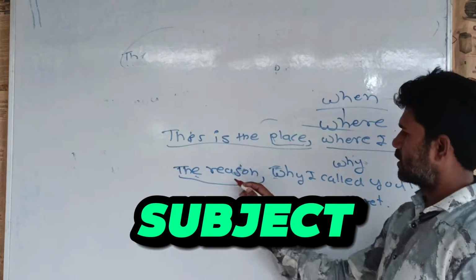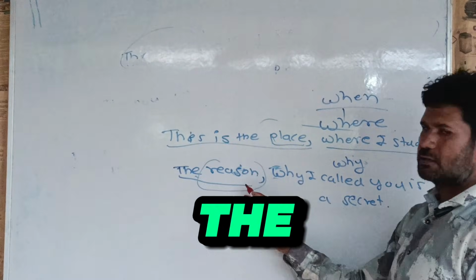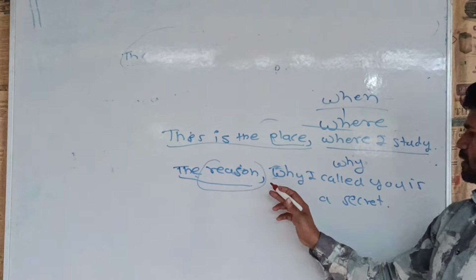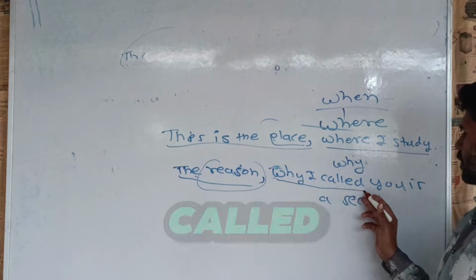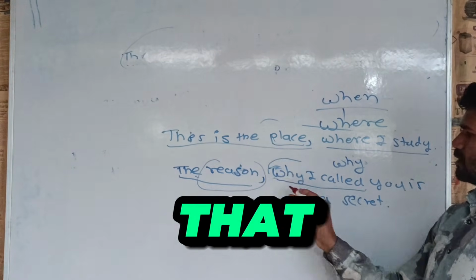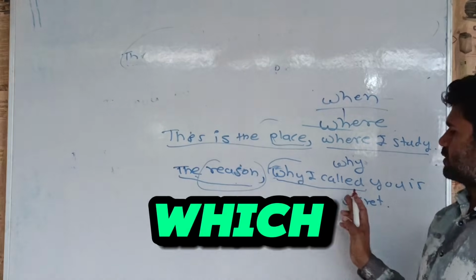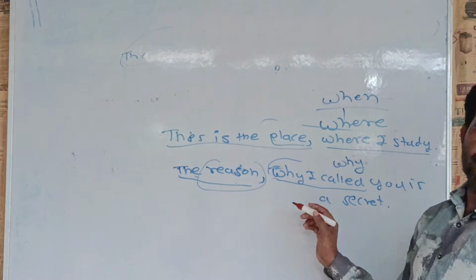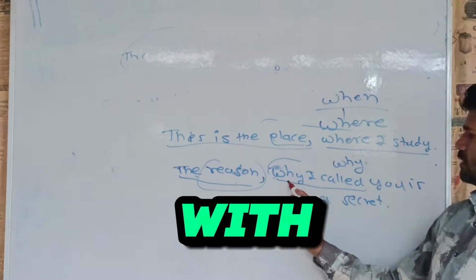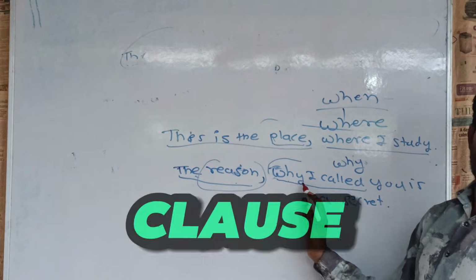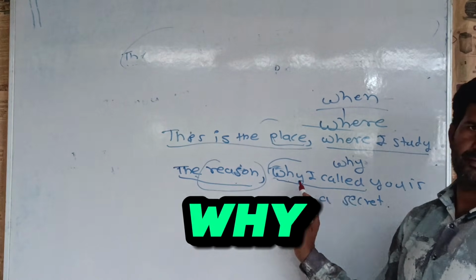The reason is a subject, which is the noun of the sentence, and why I called you is the clause that describes the reason, which is a secret, which starts with the relative adverb. The clause starts with the relative adverb why.